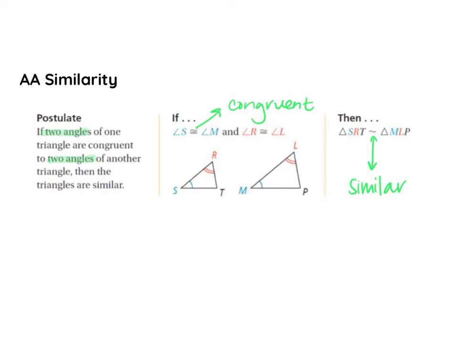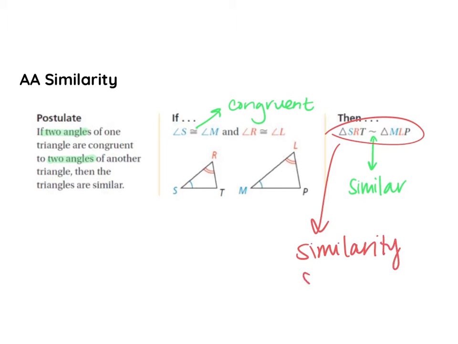And also this right here, this is a similarity statement. Again, we talked about these in congruence with congruency statements, and we're going to write them as well with similarity statements. So if it says write a similarity statement, that's what you're writing there.